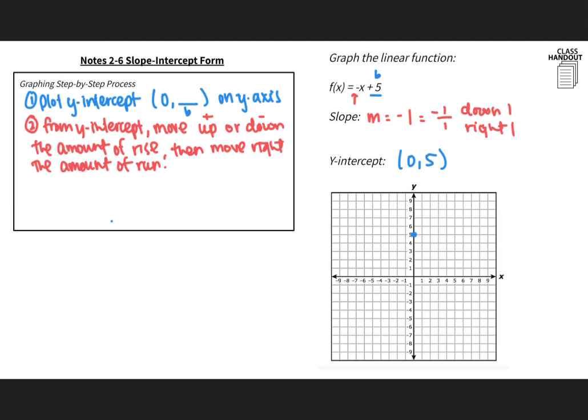So from my point, I'm going to go down 1, right 1. Okay, and I'm going to keep moving that direction. And we can see here that this is going to help us form our line.